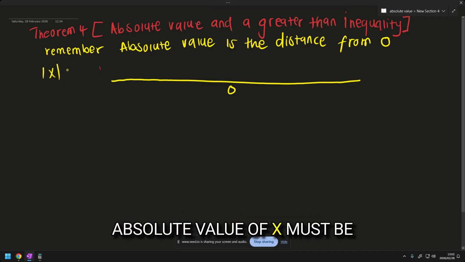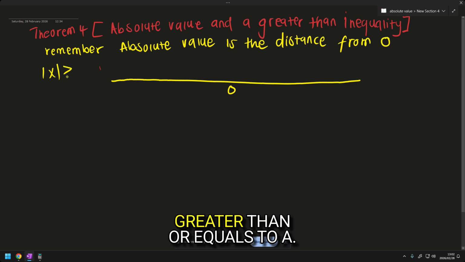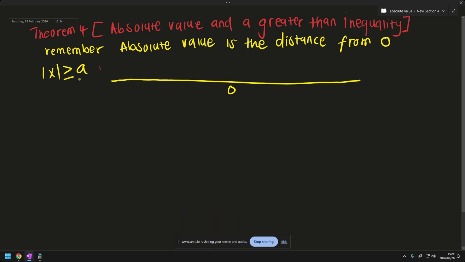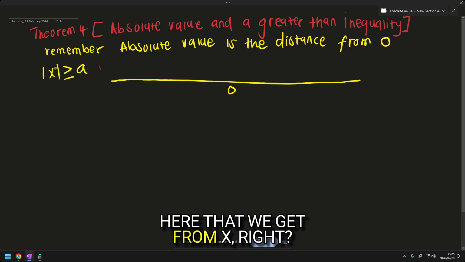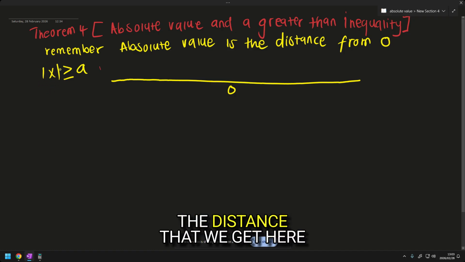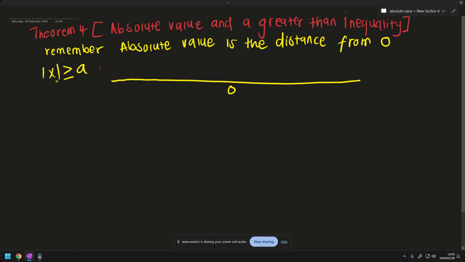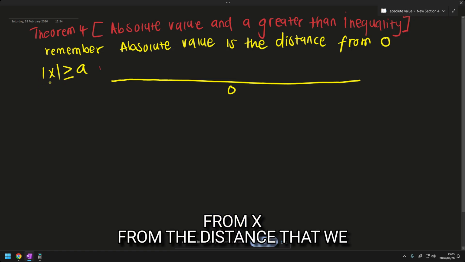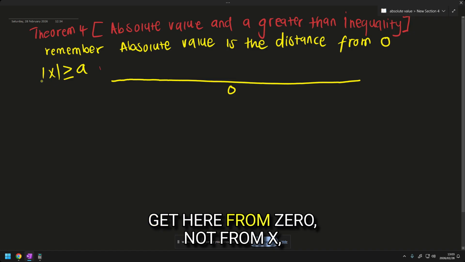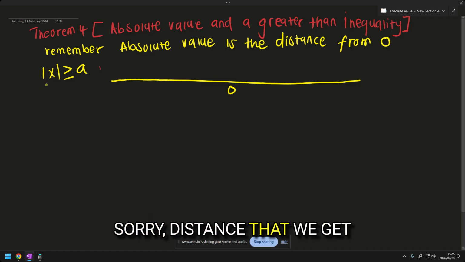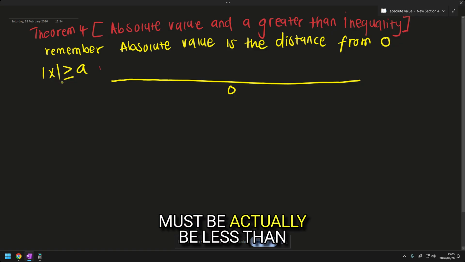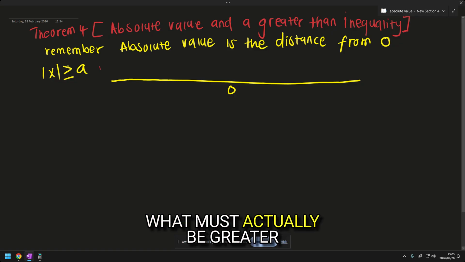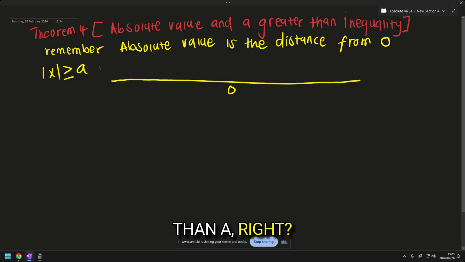Absolute value of x must be greater than or equals to a. Right, they say that whatever distance here that we get from x, the distance of x from zero, must actually be greater than a, right?